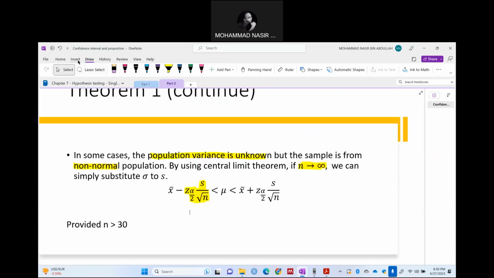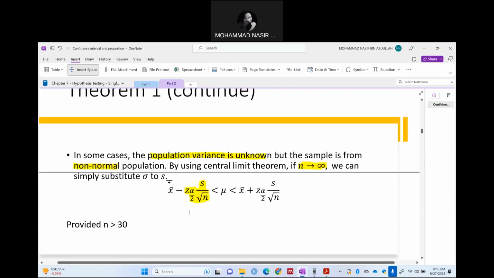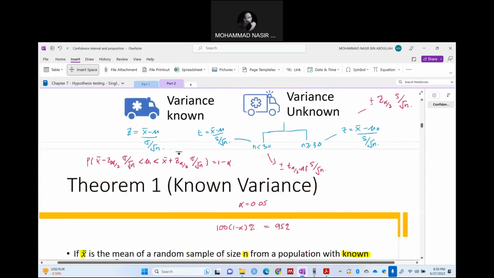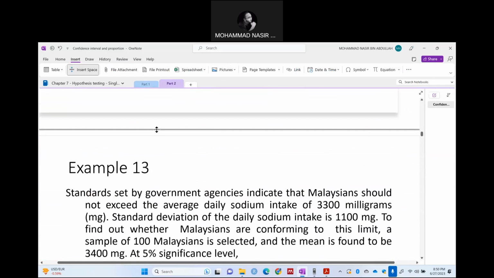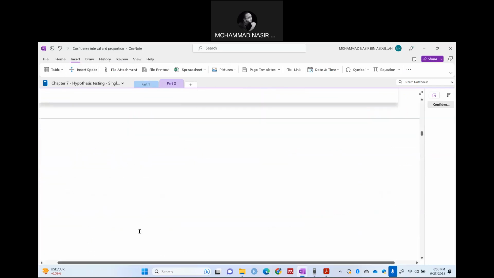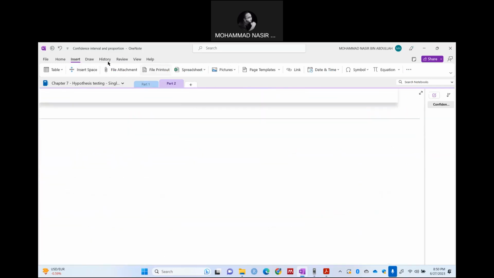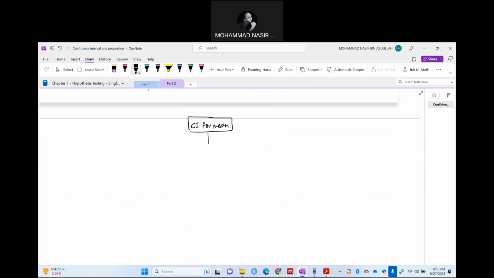So let me put into a proper diagram. So let's revisit this one again. Let's say we have two cases. So confidence interval for mean, right? So we have two conditions.